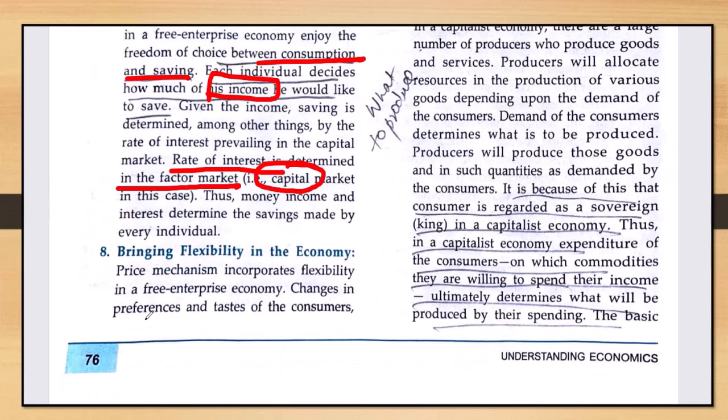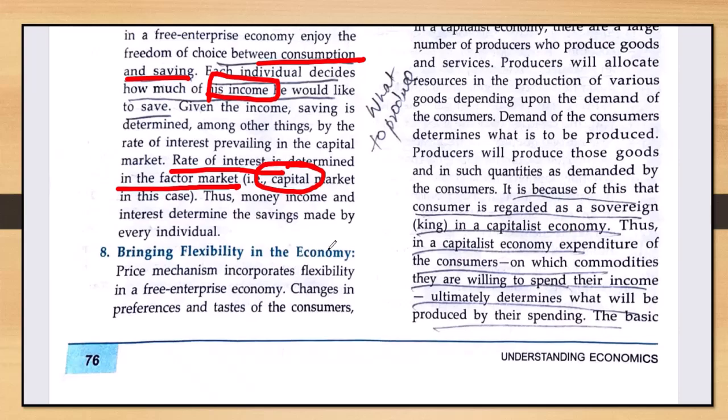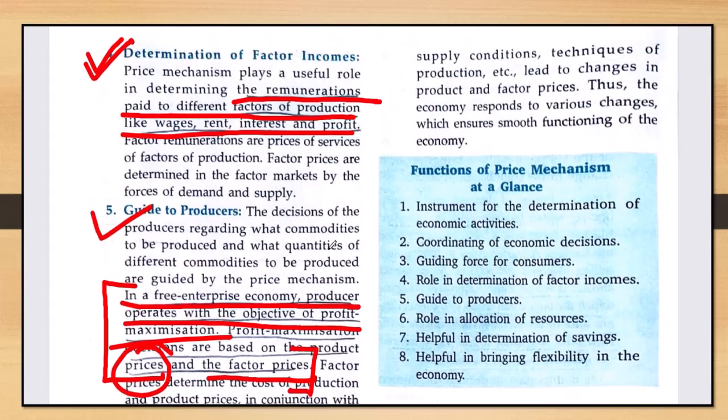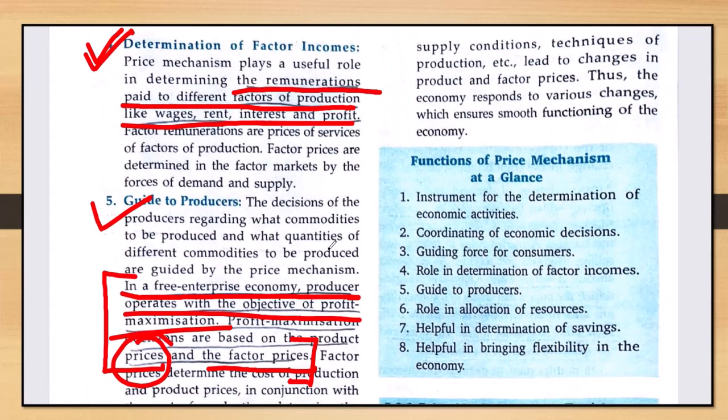8. Bringing flexibility in the economy. Now, price mechanism brings a huge flexibility in the economy because it is all about demand and supply. So there is nothing fixed over there, just the automatic flow of demand and supply. Based on the consumer's demand, their taste and preferences, and the producer's flexibility of production of goods and services, wherever they are both satisfied and content, that is the price which will be determined in the market.